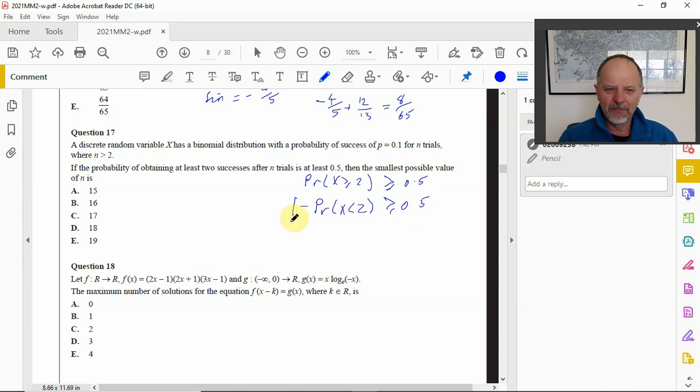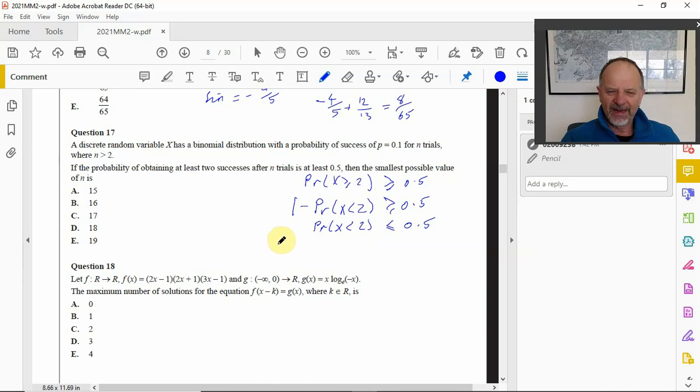If we rearrange this, adding 1 to both sides and dividing by -1, you find that the probability that x is less than 2 has to be less than or equal to 0.5.